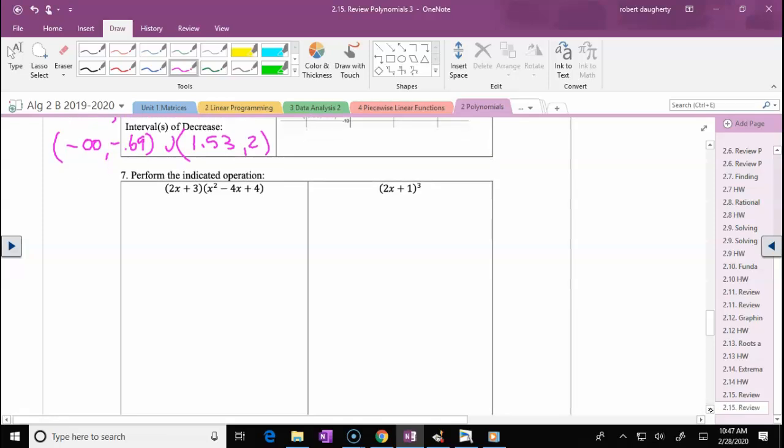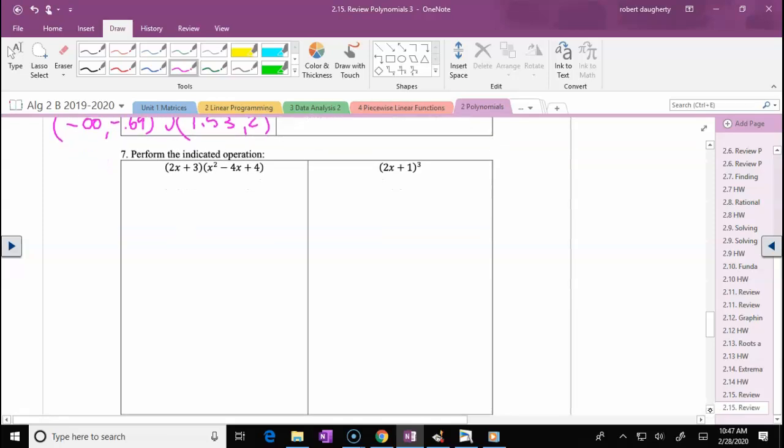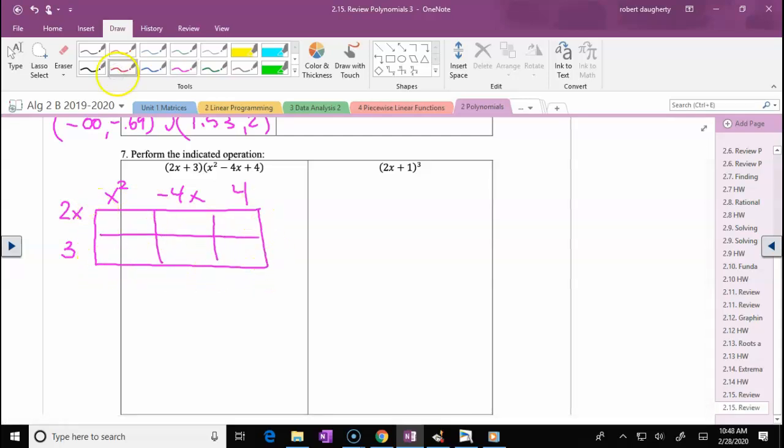Perform the indicated operation. So here I'm just multiplying two polynomials together. So the way we did this best was, let's create a chart, and then x squared minus 4x plus 4. So I get 2x cubed minus 8x squared plus 8x.